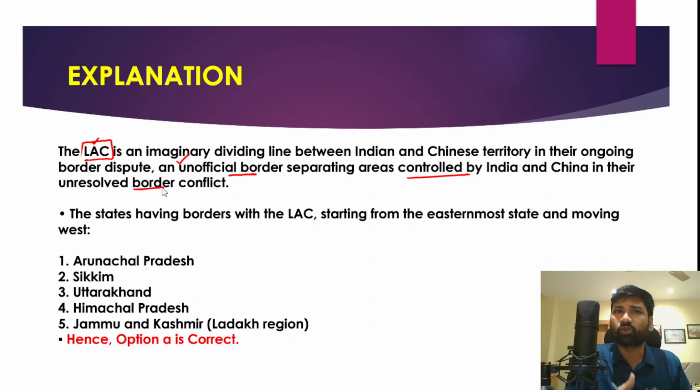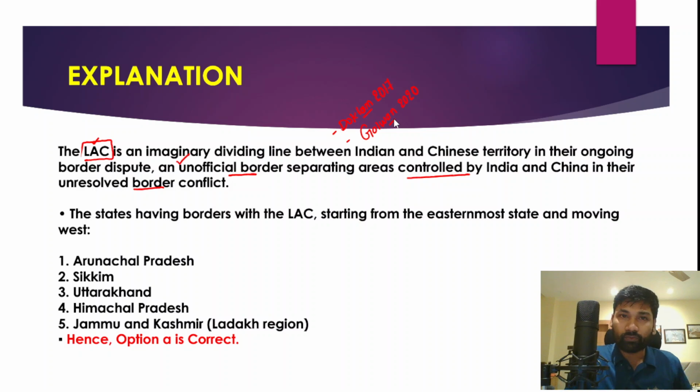And for example, when we talk about the skirmishes between Indian and Chinese forces, the Doklam conflict took place in 2017. Apart from this Doklam conflict, we have also seen the recent Galwan clashes between Indian and Chinese troops, and the Galwan clashes led to the death of around 20 Indian soldiers, right?